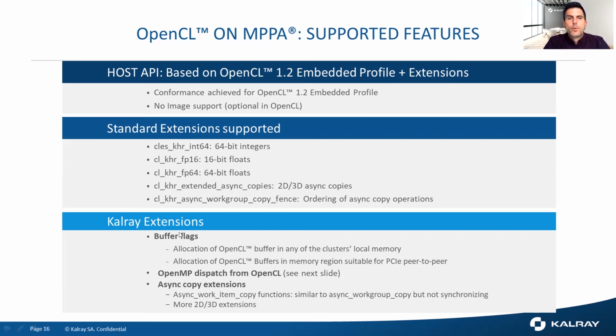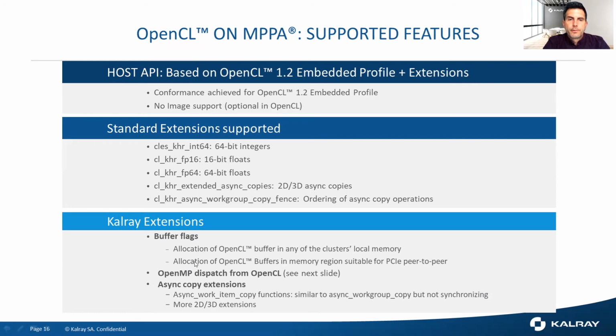So we have two buffer flags to control where OpenCL buffers are allocated. The first one allows to create an OpenCL buffer in any of the cluster's local memory. So this is very nice to allow tunneling of two different kernels without going back to the DDR memory. And this is relevant on the MPPA because we have a lot of local memory.